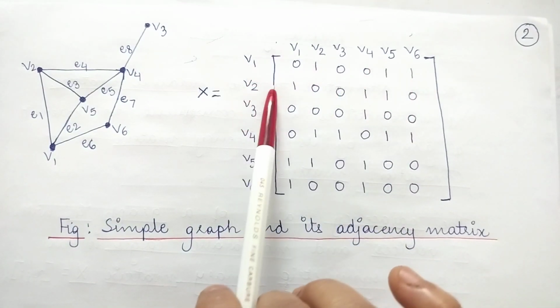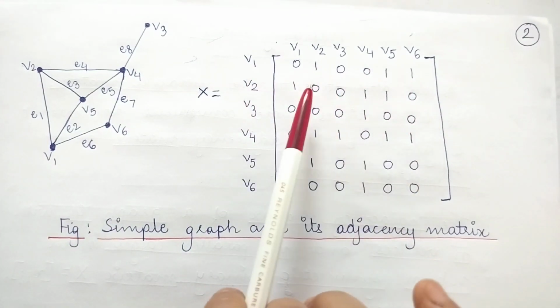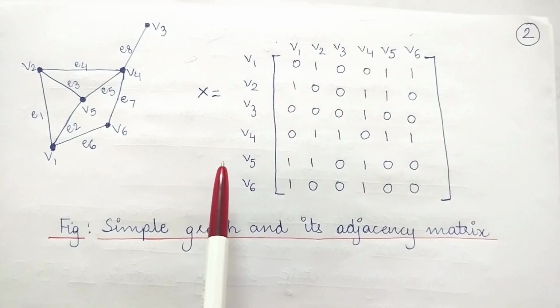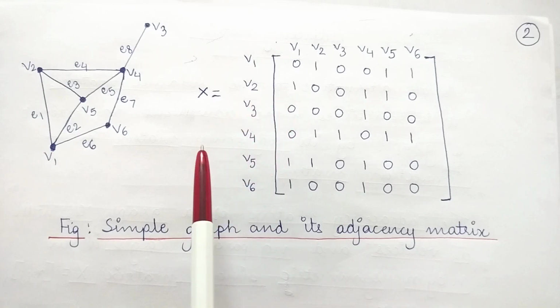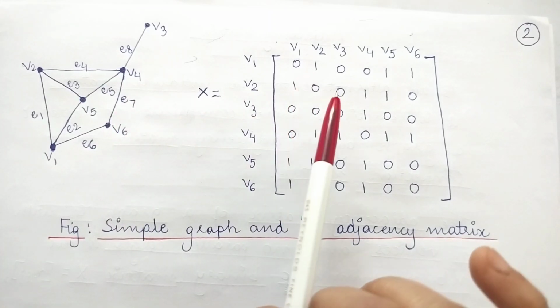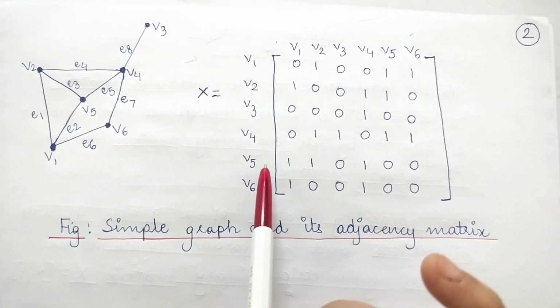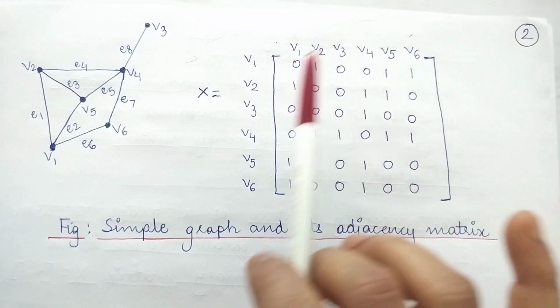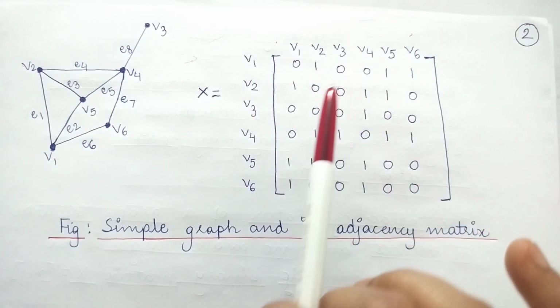So this way you can make the complete adjacency matrix, and here we are not taking the edges into account, here we take the vertices into account, and then we find the incidence between the vertices. The rows are also represented using vertices and columns are also represented using vertices, so it is an n by n matrix.